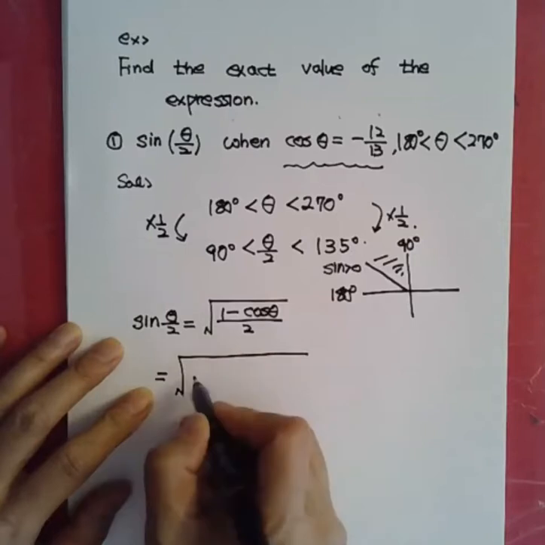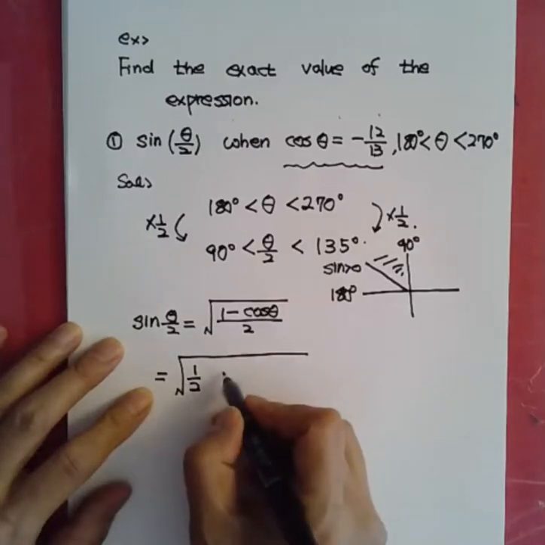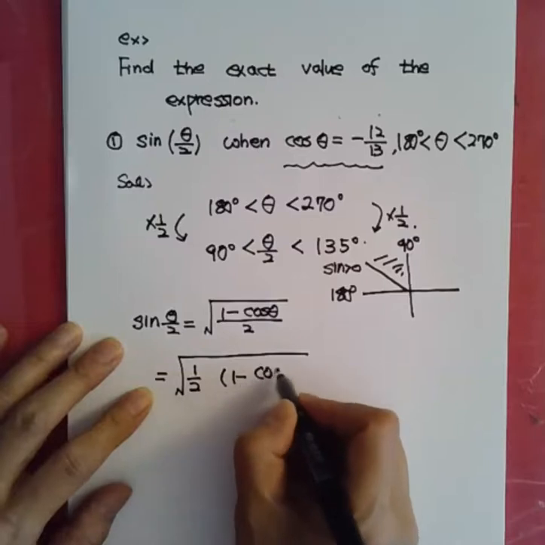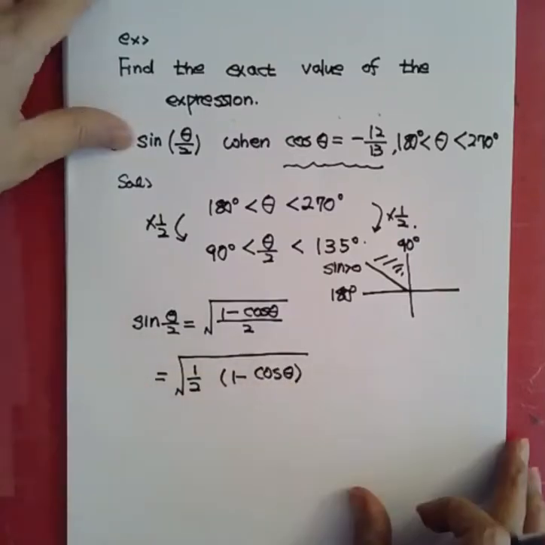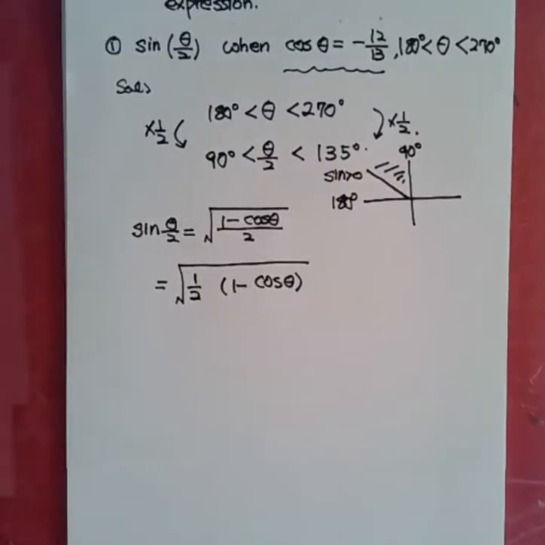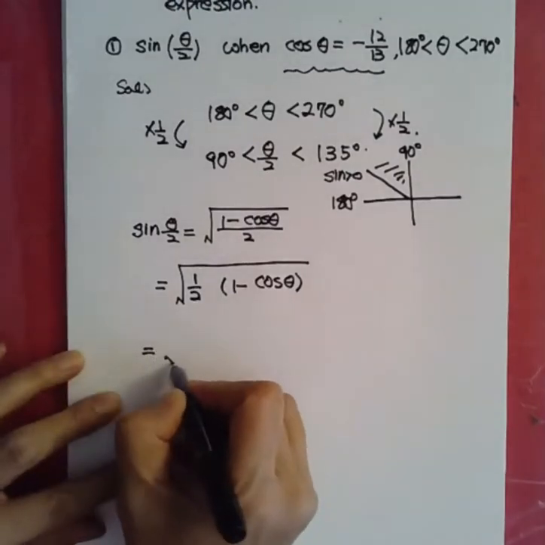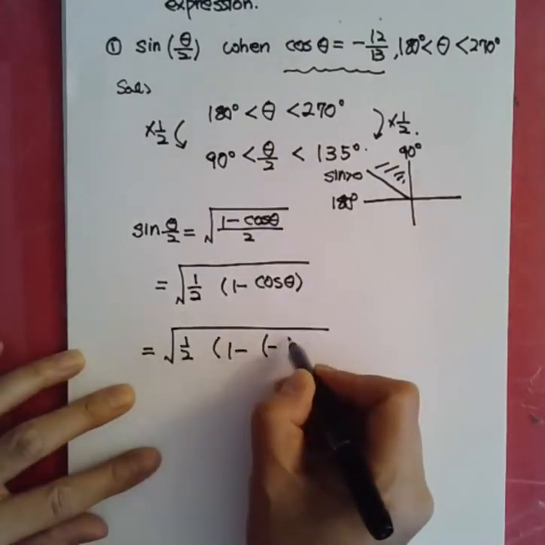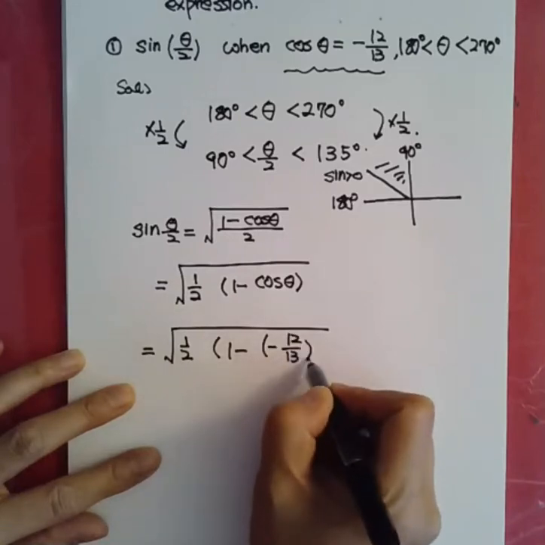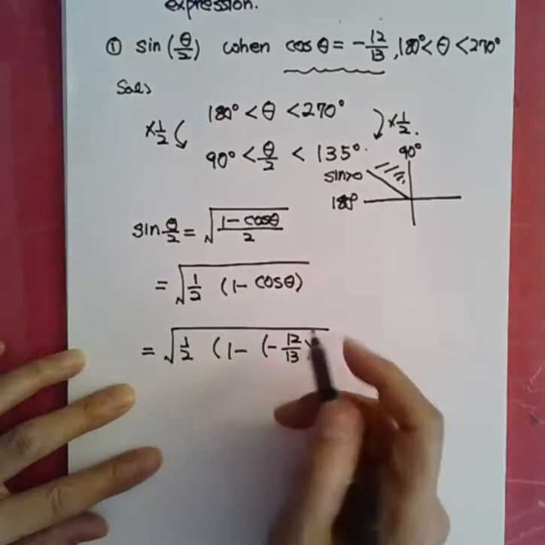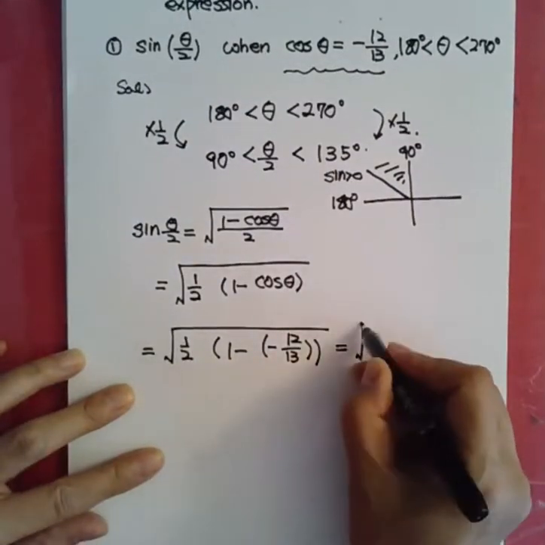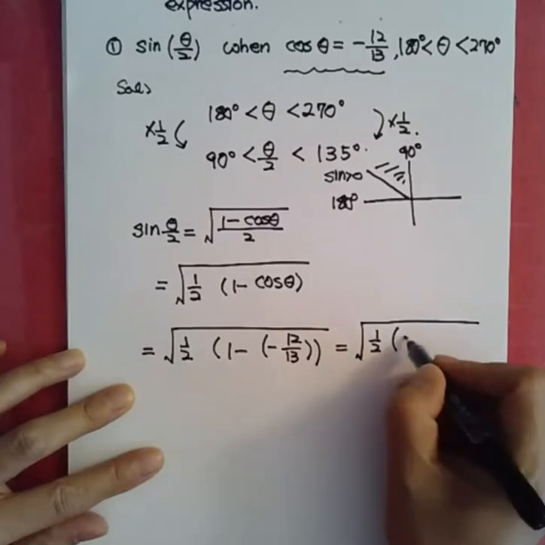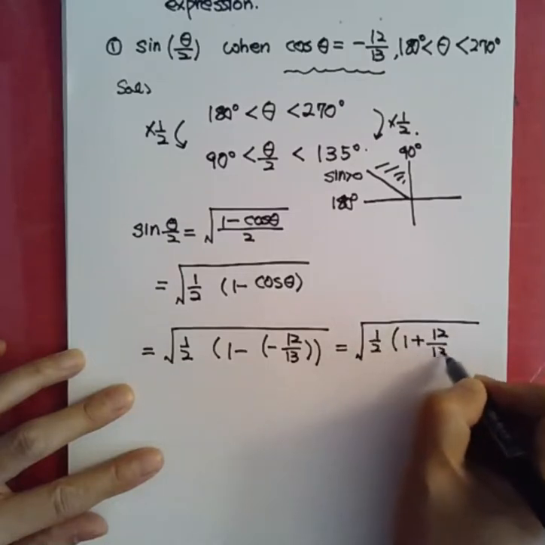We don't like it, so let's separate it: 1 over 2 times (1 minus cosine of theta) is another expression of (1 minus cosine of theta) over 2. Then let's do substitution. That is the square root of 1 over 2 times (1 minus minus 12 over 13), which equals the square root of 1 over 2 times (1 plus 12 over 13).